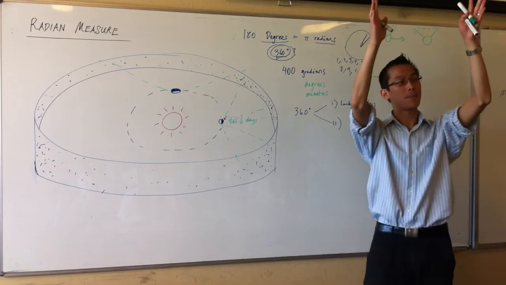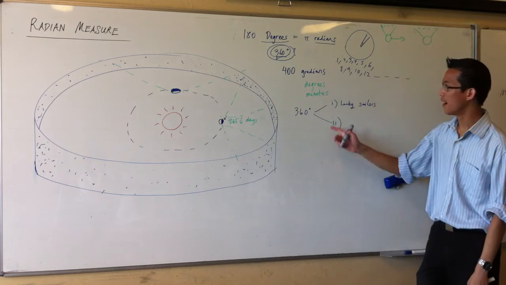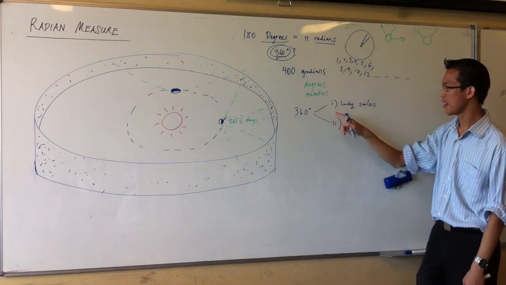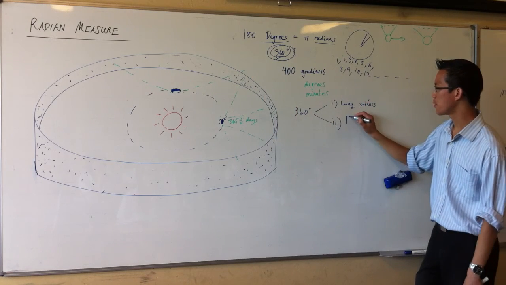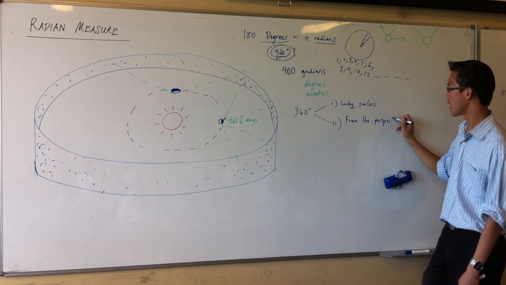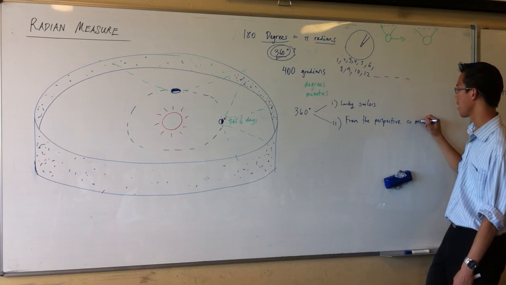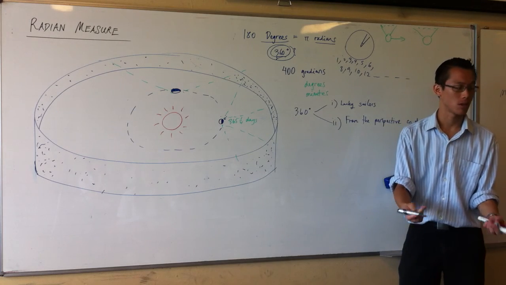As you look up at the stars, if you turn your head just a little bit, a degree, that's how much the stars are changing from time to time. So it's from the perspective of an observer watching something that's spinning around and trying to describe that change.